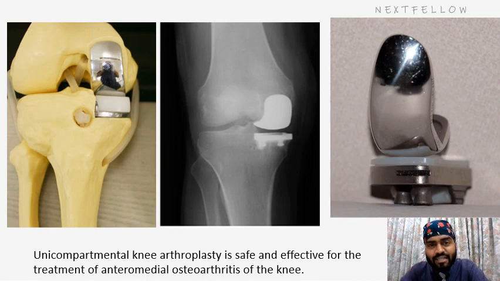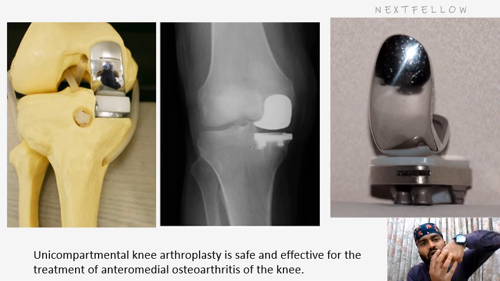When it comes to the knee joint, the most important compartment which bears a lot of stress is the medial compartment. If you have seen the femoral condyle, the medial femoral condyle is larger and broader in size as compared to the lateral femoral condyle.